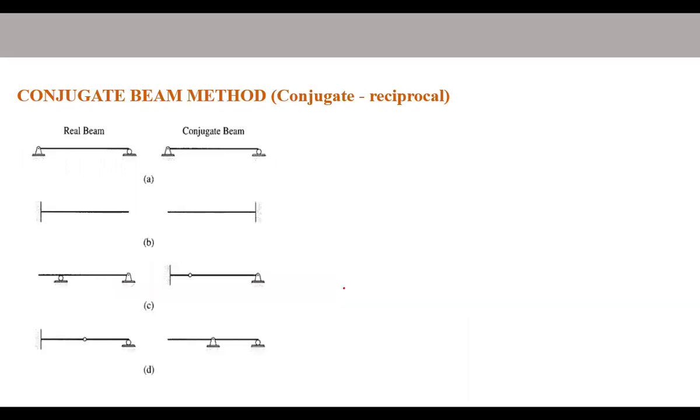So let us see some examples of how we convert a real beam to a conjugate beam. If you look at it, a pin becomes a pin, a roller becomes a roller. A fixed support becomes free, and free becomes fixed. Here it's a free end, it becomes fixed. An internal roller becomes a hinge. An external pin, or outside edge pin, becomes an edge pin.